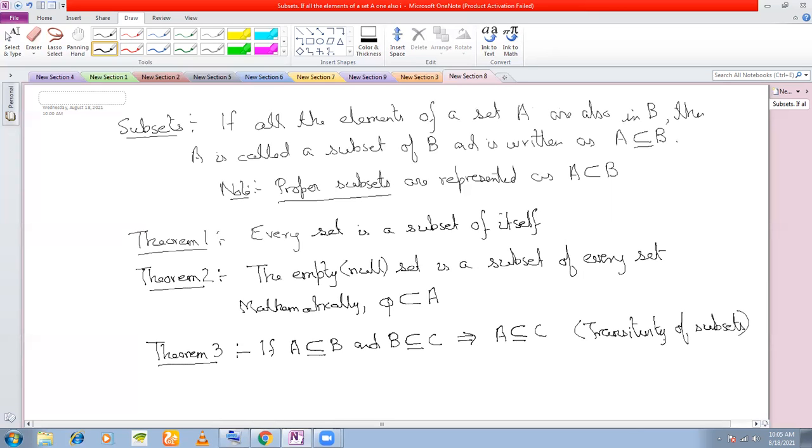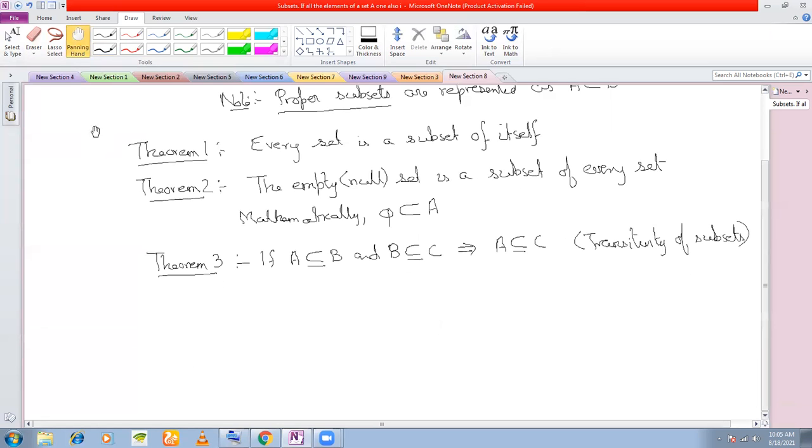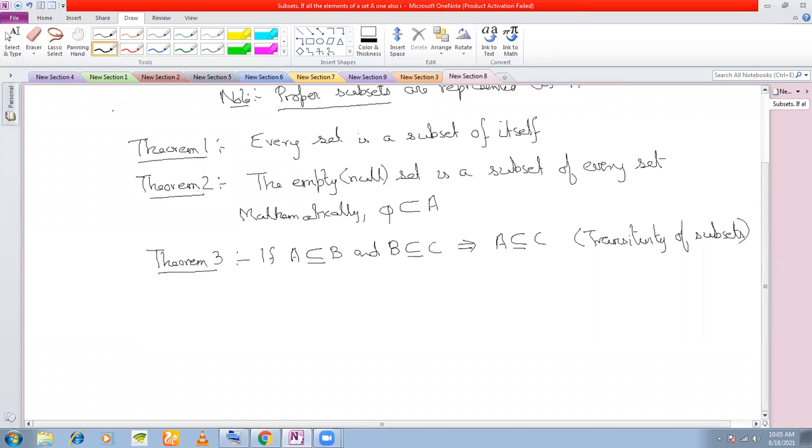You don't need to remember the name of this theorem, but this is called transitivity. Okay.